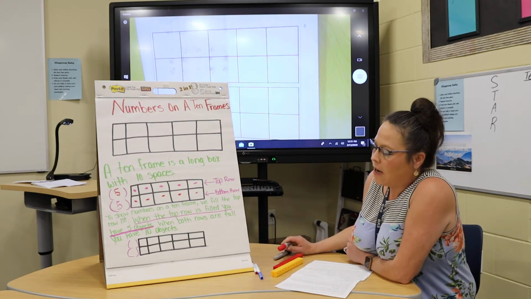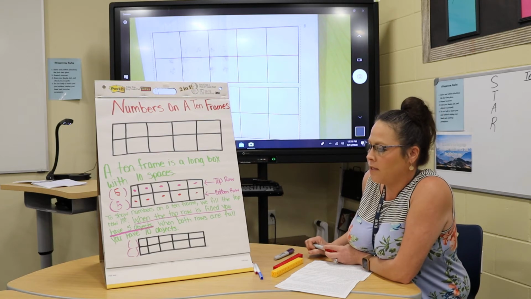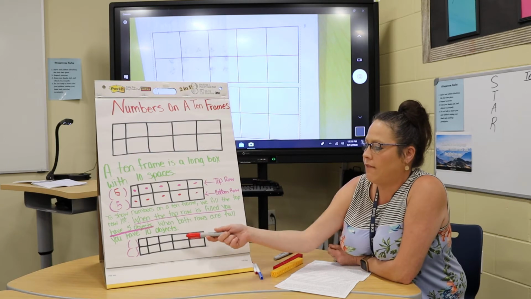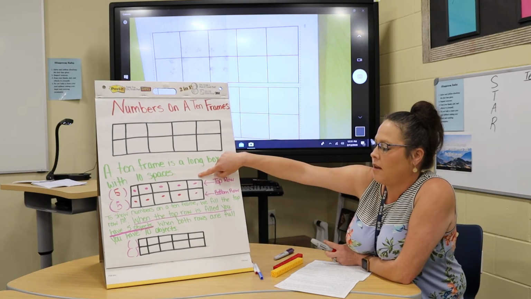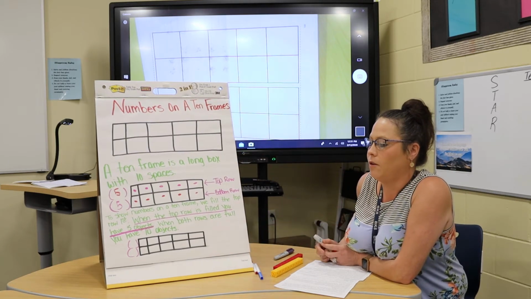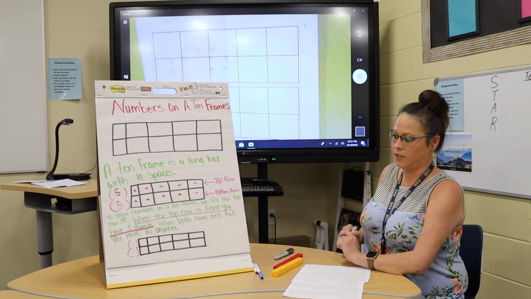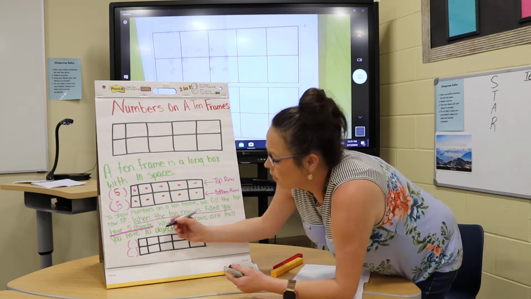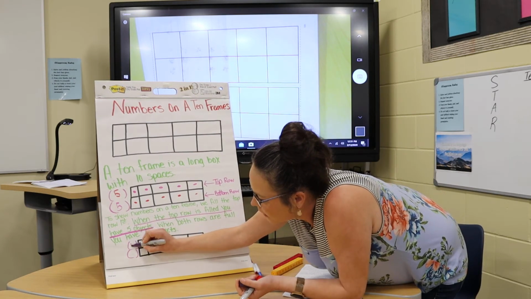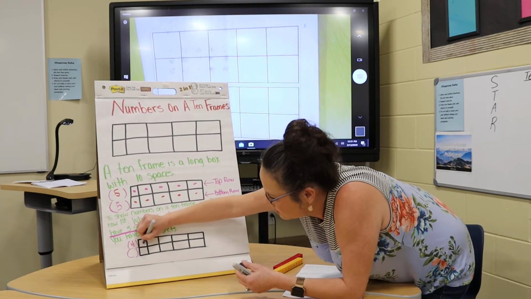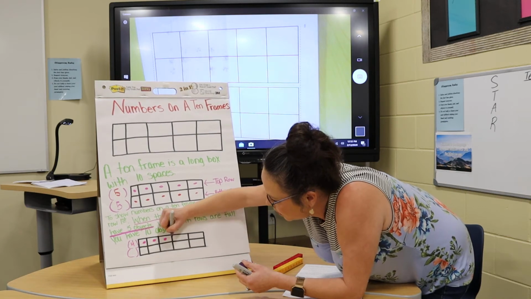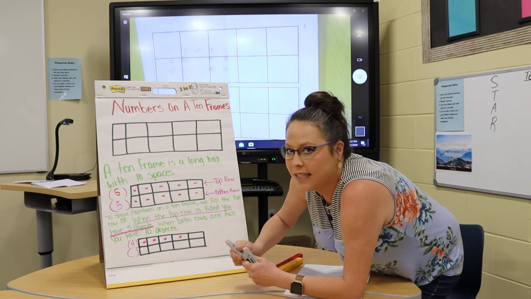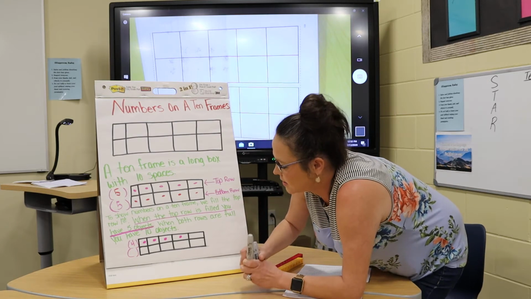Now, to show the numbers on a 10 frame, we'll fill the first row. When the top row is filled, you have 5 objects, just like up here. And when both rows are filled, you have 10 objects. So again, we could even do 4 purple dots and then 6 red dots.